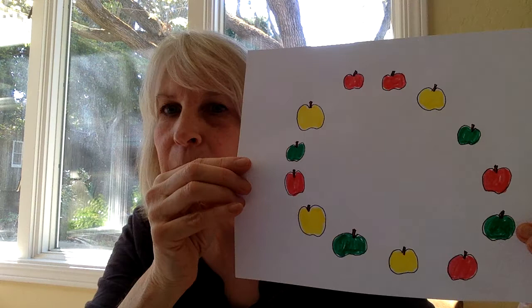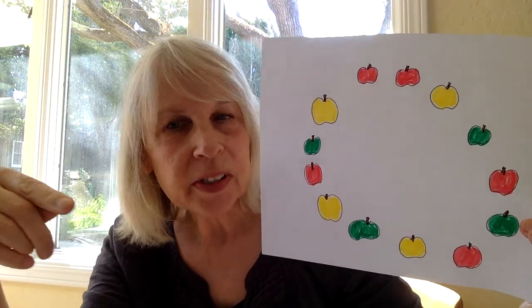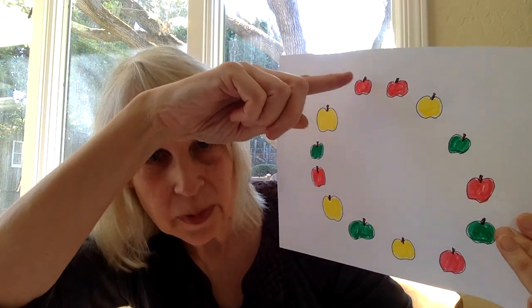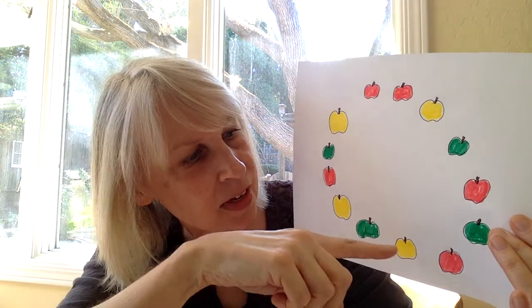So I made up a sheet here, and if something was in a circle, then you have to remember where did you start counting in the circle, and this is what the video will tell you. They'll say start maybe at the top, have a plan how you're going to count. Start at the top, 1, 2, 3, 4, 5, 6, 7, 8, 9, 10. When you get to 10, then you're going to want to draw a circle around that.